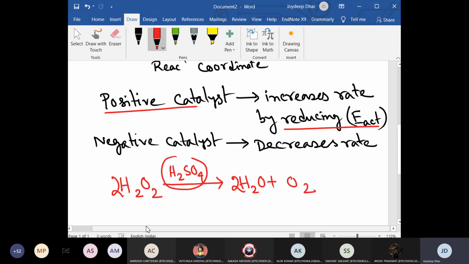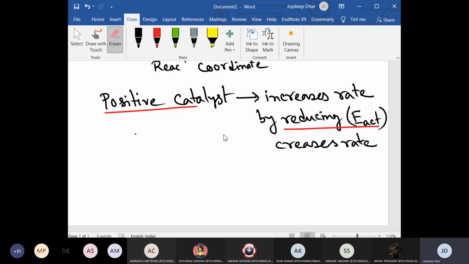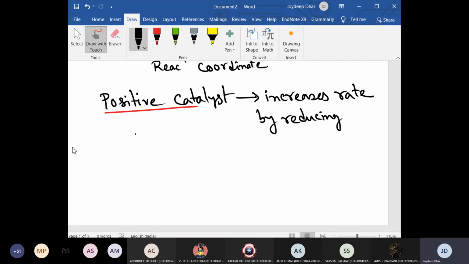Okay, rate increases means time required is less, so that it can achieve the equilibrium very fast. That's why positive catalyst will have much more importance in industry. Negative catalyst also requires some time, because some chemical or some species should not give the undesired reaction, that time we will add some negative catalyst. But most of the time we will be focusing on positive catalyst.